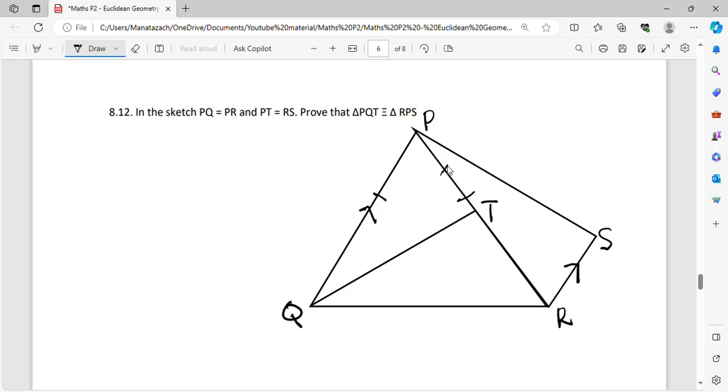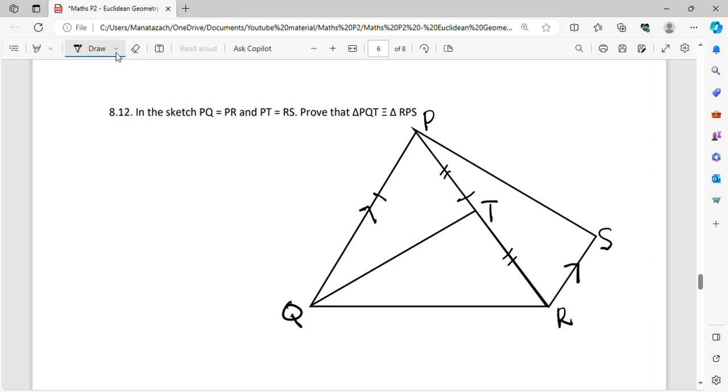Here is PT, here is RS, they are equal. So prove that triangle PQT is congruent to triangle RPS.